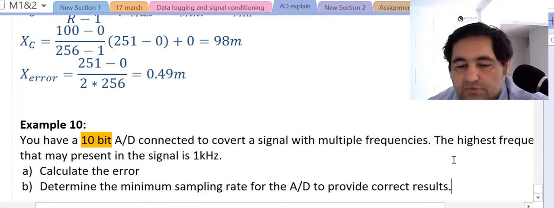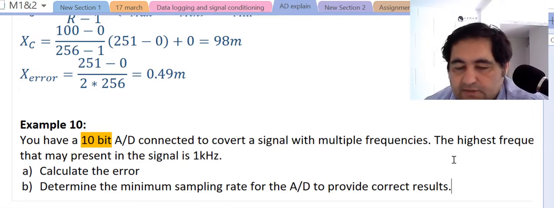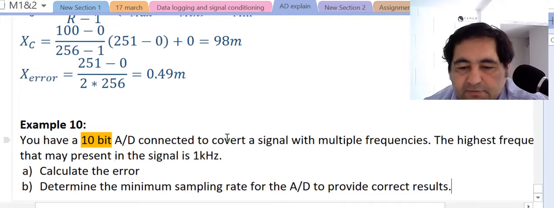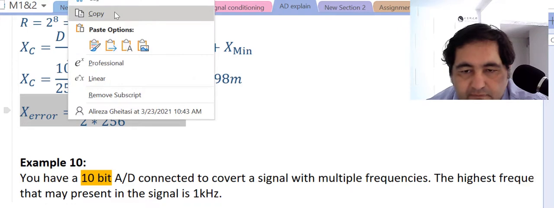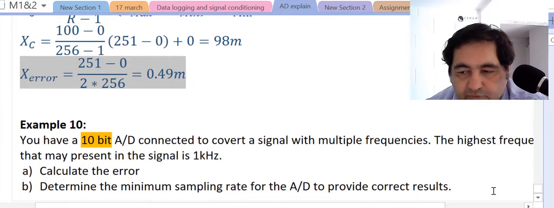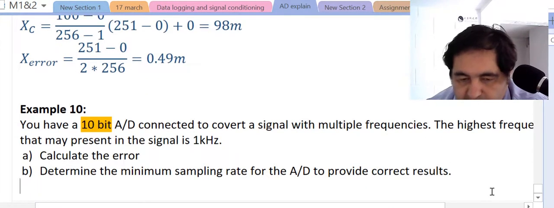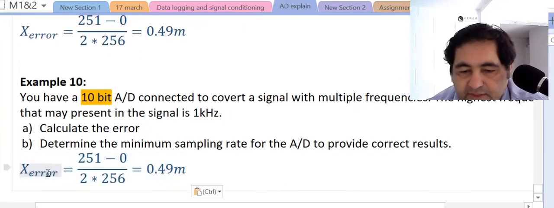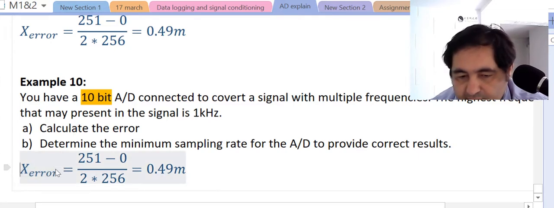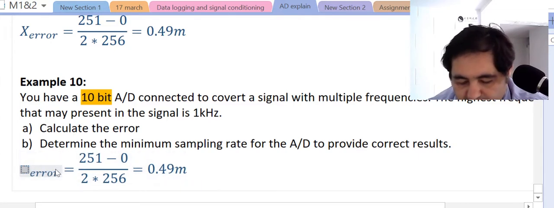First of all, we want to work out how much the error is. The error that we have comes from this 10-bit resolution that is available to us. So we use the formula for error. This time the input is voltage, so instead of X error that I mentioned last time, it is going to be V error.